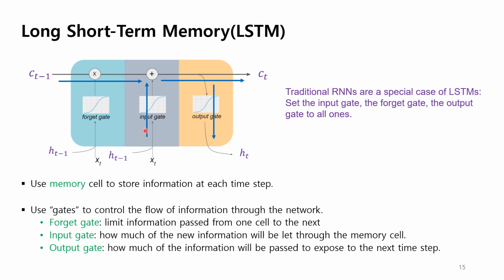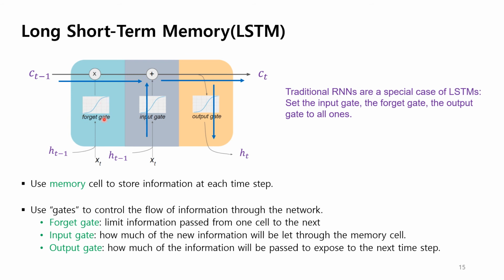So I said we compute the output of the hidden node here, and then you use the memory cell value here and add them together, and the result is given to the next memory cell and also to the next hidden node value, right? But in each step, for example in this step where you use the memory value, there is a forget gate.